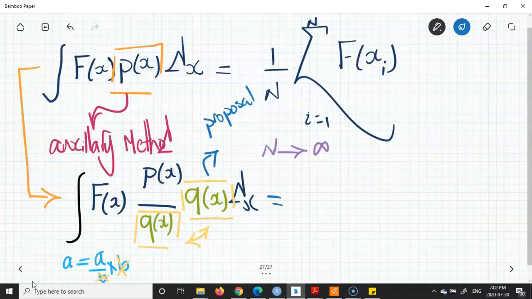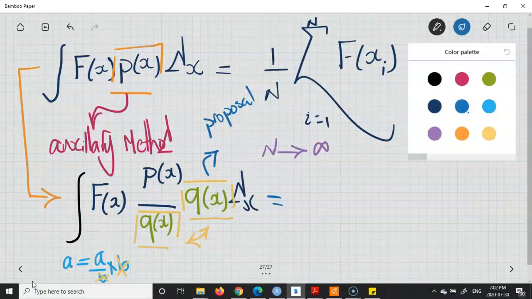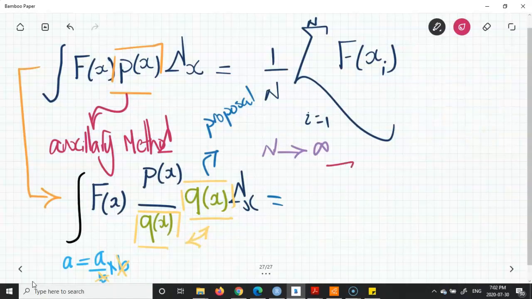In our model, we can still use the same Monte Carlo estimation. In this example, we write the sum, and the sum is very easy.